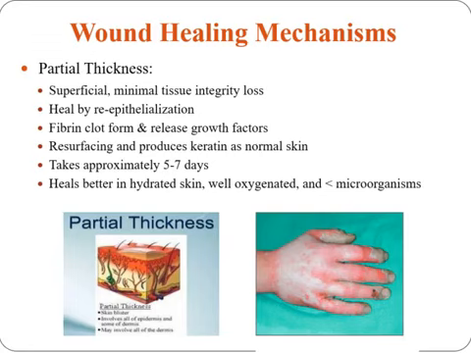They basically heal by the body just putting down more of those epithelial cells and using fibrin clots and growth factors, and it's just going to keep laying down new skin layers, and it resurfaces with keratin, and the healing usually takes 5 to 7 days. So hydrated skin always heals better, well oxygenated skin, and if there's no microorganisms, you're going to have a faster healing.